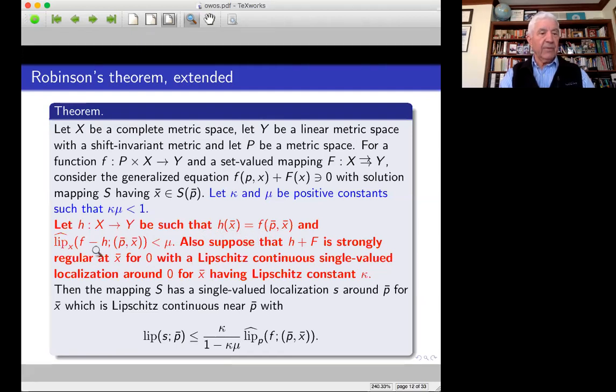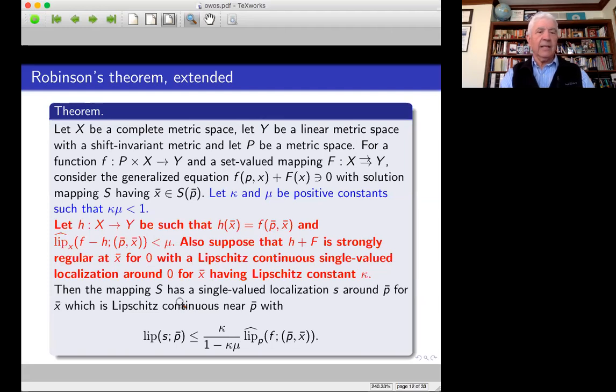And if f is strictly differentiable with respect to x uniformly in p, then h could be just the strict derivative with respect to x. Now, for the approximation, we assume that h plus capital F is strongly regular, meaning that the inverse has a Lipschitz continuous single-valued localization, and the assumption is that this localization has the Lipschitz constant kappa. Kappa is the same as here, so kappa and mu are tied with this condition.